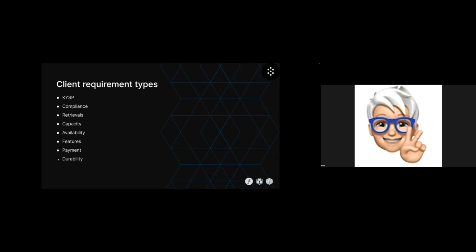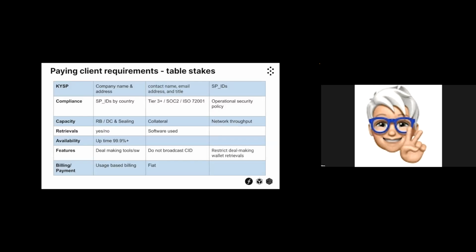If we get into it a little bit more from a table stakes standpoint, meaning this is what folks are looking for as a baseline level of service in order to do business with an SP, again, for a paying client, meaning they're going to pay you some dollars per TiB per month. The range of dollars is not defined here.